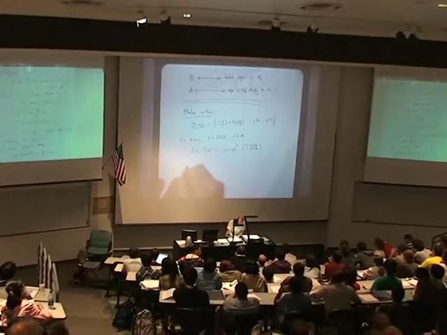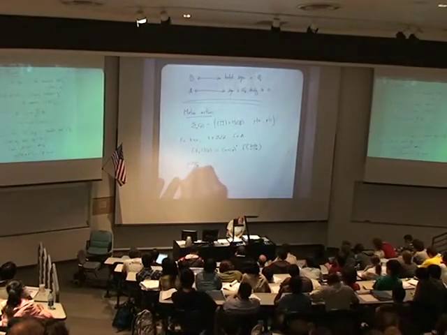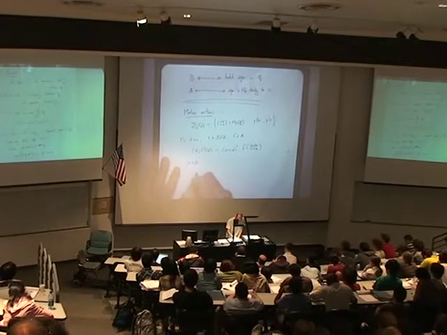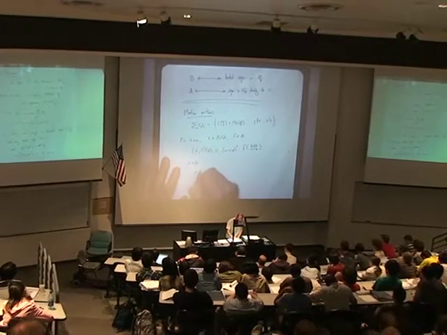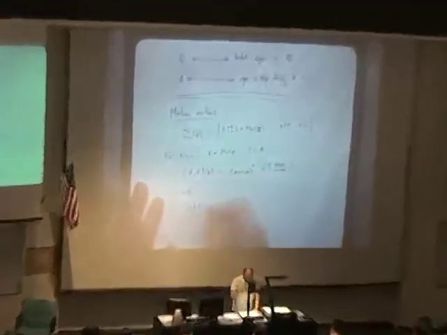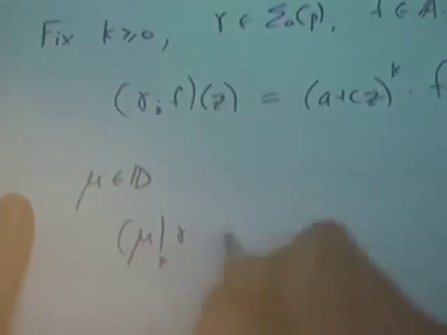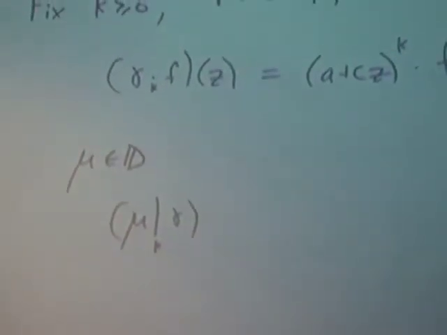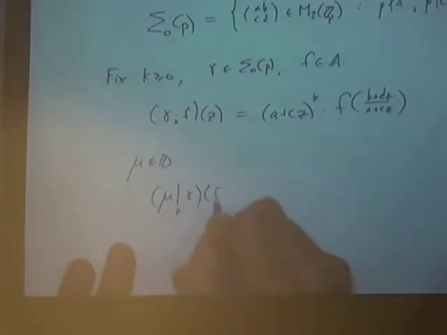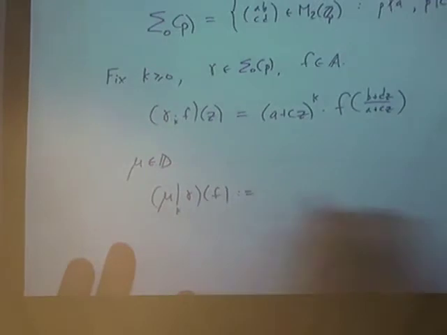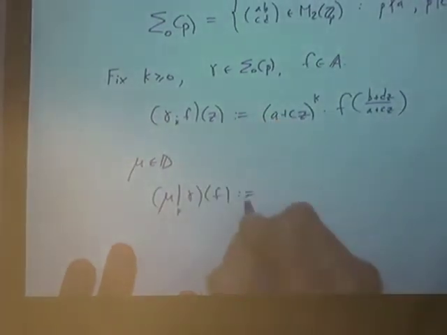So now, dually, if mu is in D, and now this is a really simple action to write down, I define the weight k action on the right, and I'll denote that by a slash with subscript k. Well, that's a distribution. To define that as a distribution, I have to tell you what it does to a function. So let me plug in a function. This is a definition.